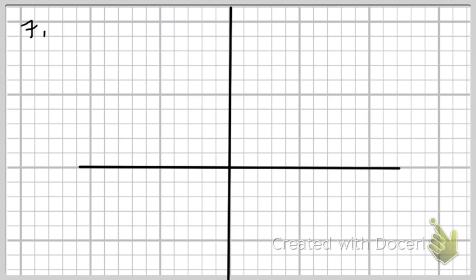Okay, so here's number 7. We're asked to reflect Q over the line x equals 1. X equals 1 is a vertical line. It goes up and down, which means that any line perpendicular to that must be horizontal.